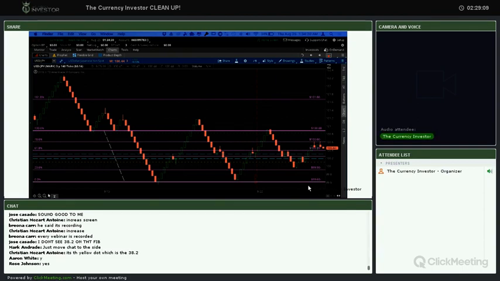So the one thing we can go look at, does anyone see the blatant obvious when you're looking at this chart? Like I said, this chart is showing about a week and a half of data based on where it's zoomed in.